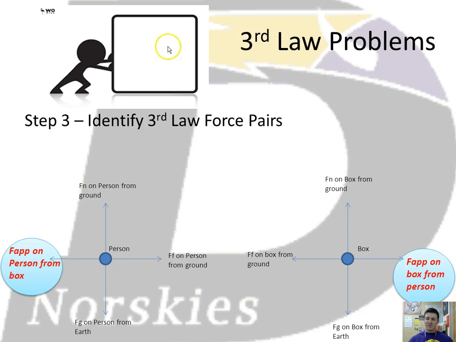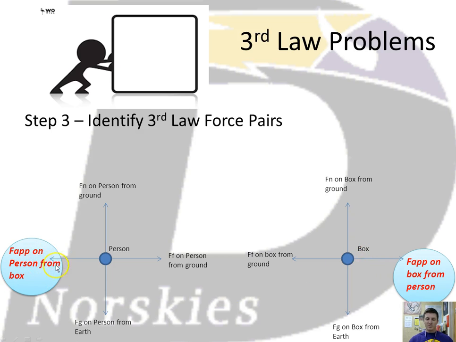If we look at these force diagrams and I say identify the third law force pairs, the main one we have here is force applied on the person from the box and force applied on the box from the person. So we have two force diagrams. The box is being pushed by the person to the right. It is equal in strength and opposite in direction.